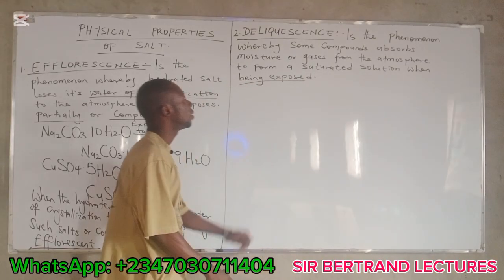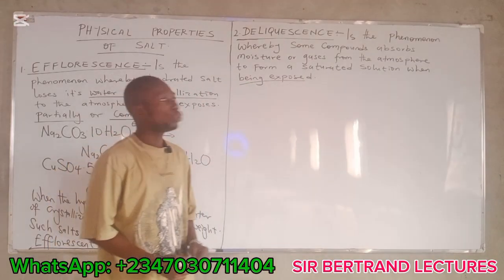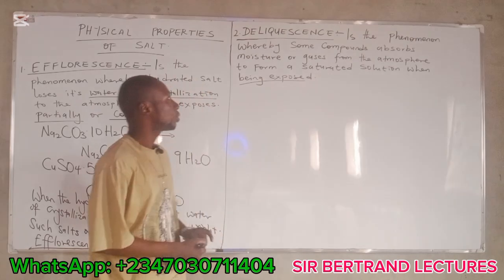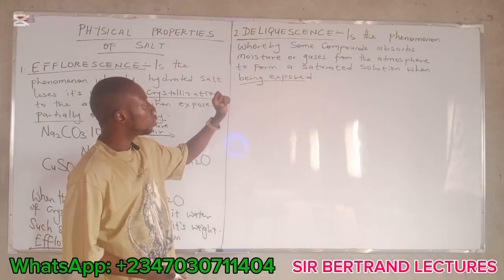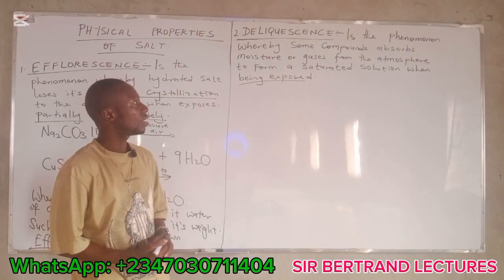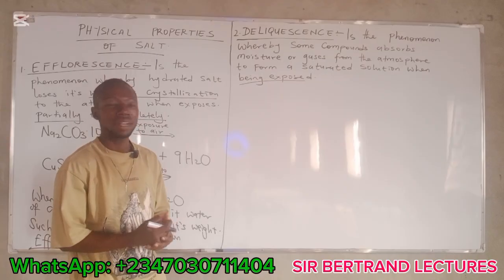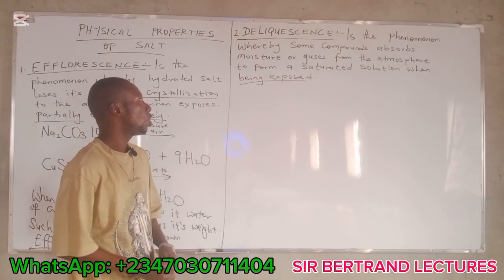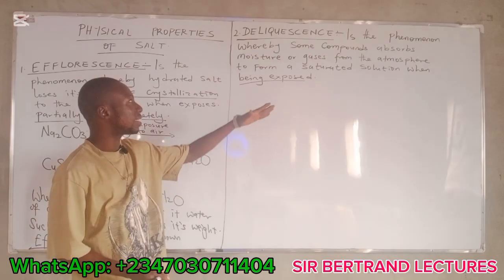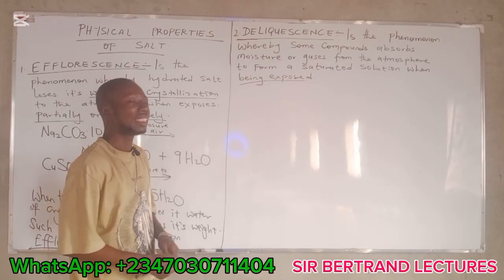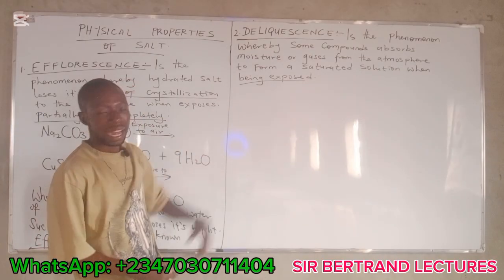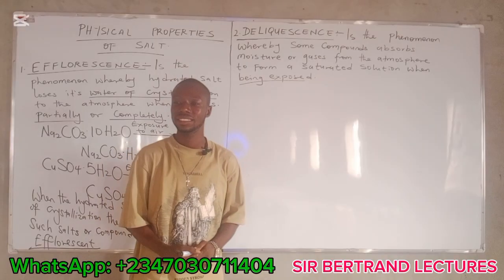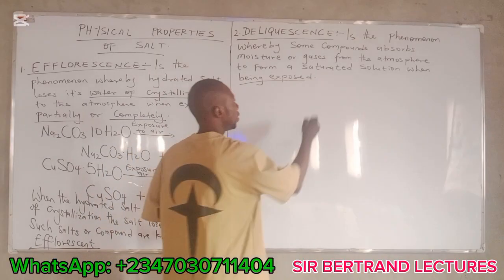Some compound, usually anhydrous compound, absorbs moisture or gases from the atmosphere to form a saturated solution when being exposed. Such compounds are said to be deliquescent. Then the phenomenon is known as deliquescence. Is that okay? All right.